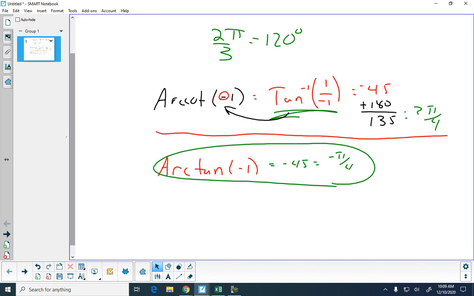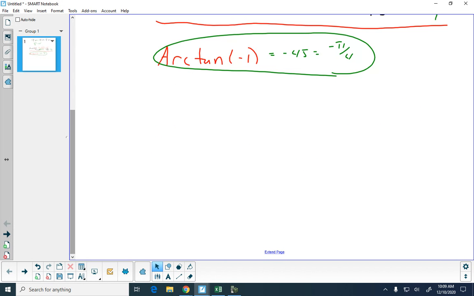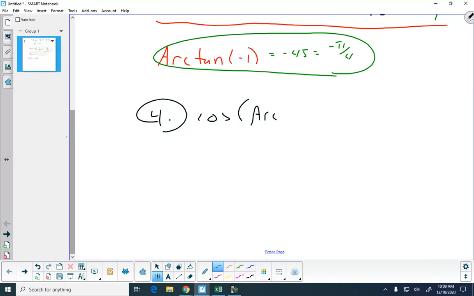Going through problem number 4. We have the cosine of the arc tangent of negative 4 over 3. Now remember, when we were doing these problems, what we talked about is you have to work yourself inside out with what you're dealing with.